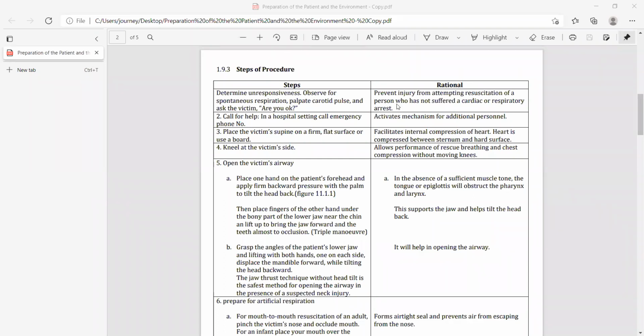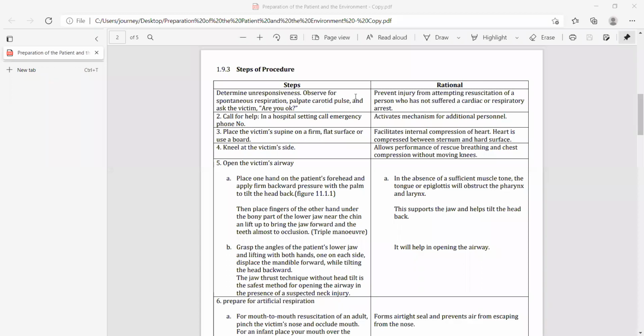Why? In order to prevent injury from attempting resuscitation of a person who has not suffered a cardiac or respiratory arrest. Because when someone is in the state of cardiac arrest or respiratory arrest, then we give resuscitation. We give CPR because the heart doesn't beat anymore.